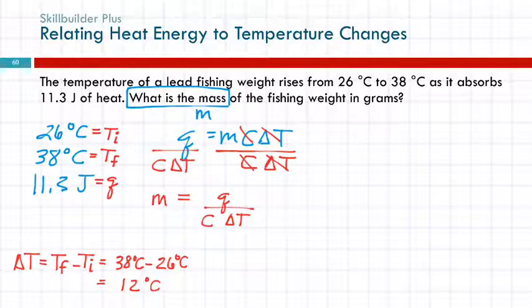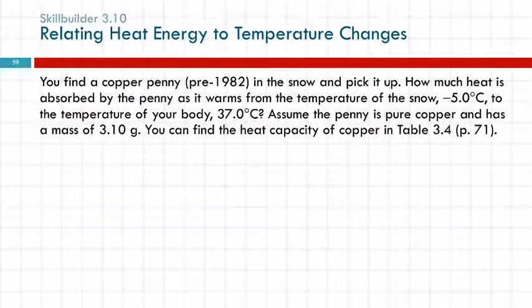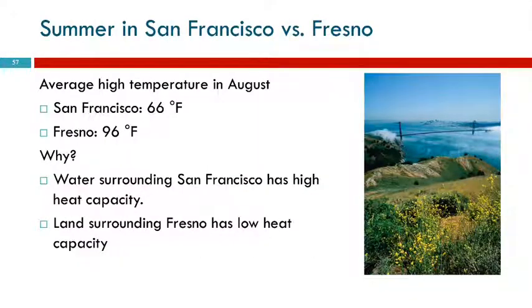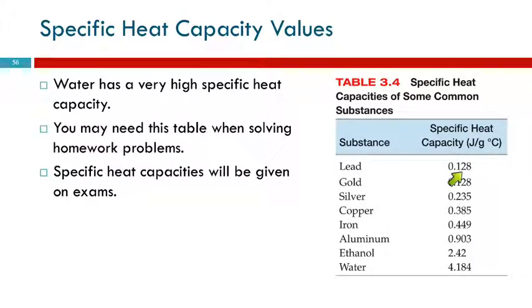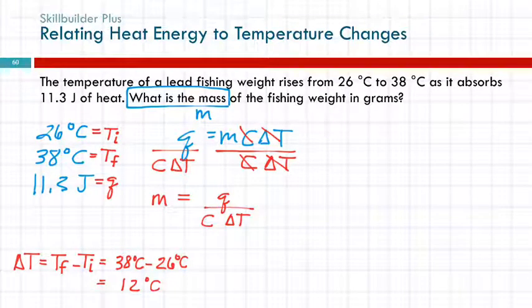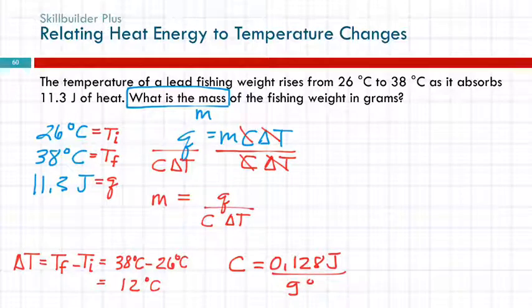It's made out of lead. So we have to go look this up. The specific heat capacity of lead is 0.128 joules per gram degree Celsius. C equals 0.128 joules per gram degree Celsius.